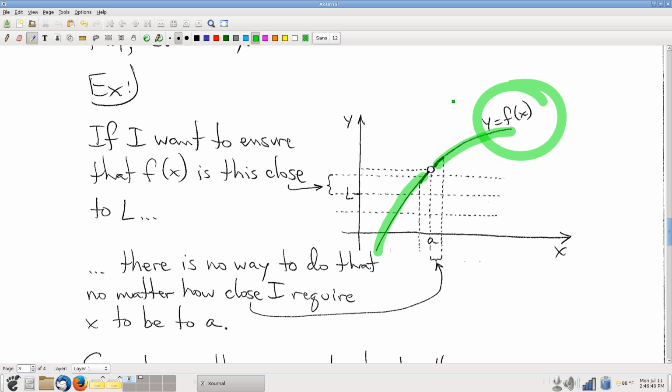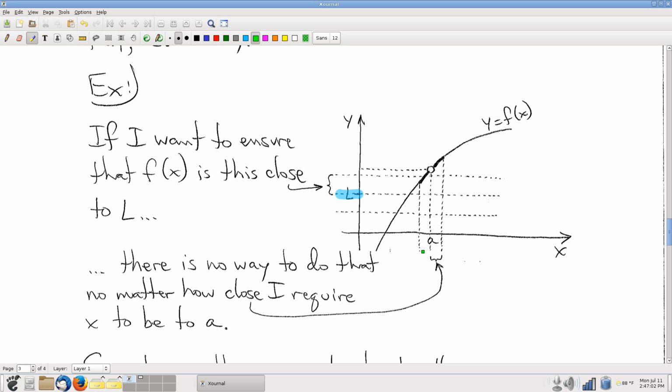Same curve. And suppose I were to try to assert that the limit is equal to this value. So looking at that value, can I ensure that no matter how close I require f to be to L, can I ensure that simply by requiring x to be no more than a certain distance away from A?